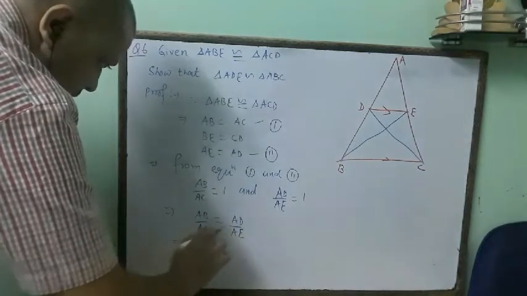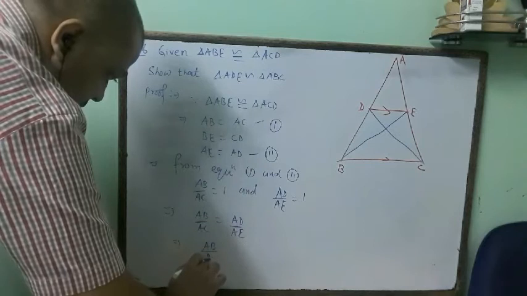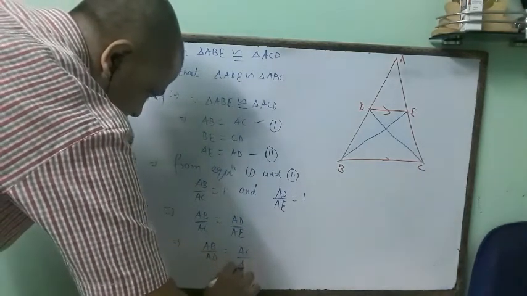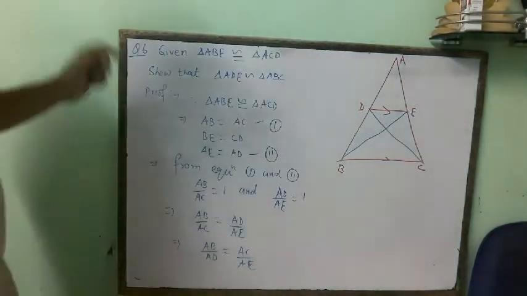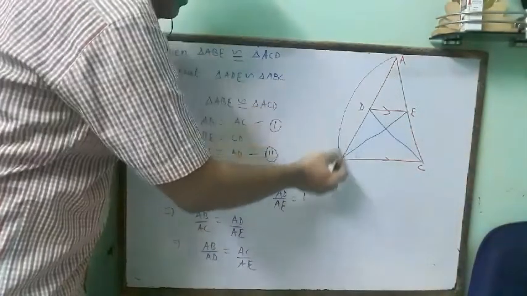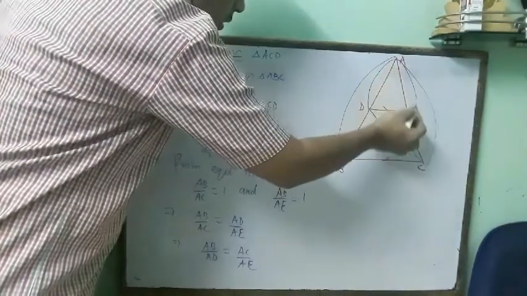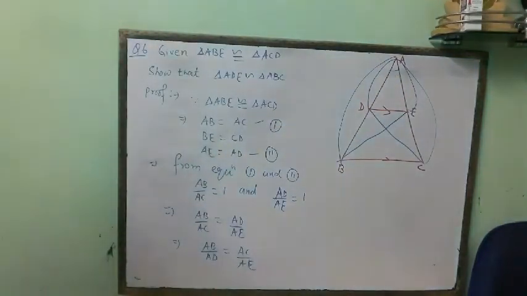Now after shifting AD to AB and AC to AE, we can say that AB by AD is equal to AC by AE. See this one. AB divided by AD and AC divided by AE. The middle angle is A, that is common in both.